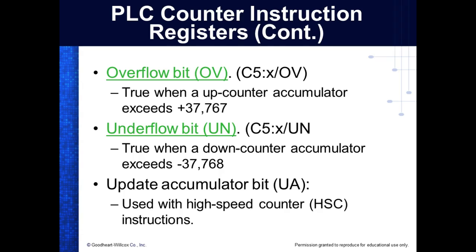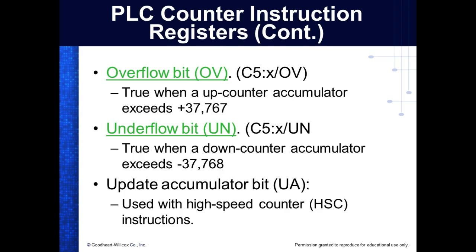That means we need a way of knowing if I exceed the range of the counters. The up counter is going to count, but it's going to change signs: it'll count up and flip over to a negative number, which is not good.